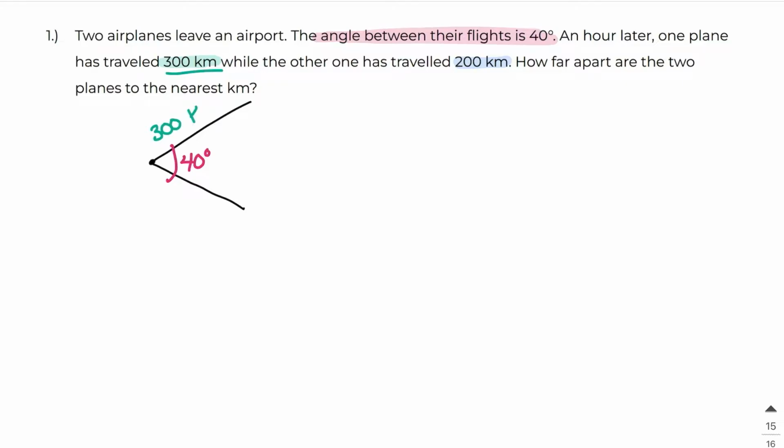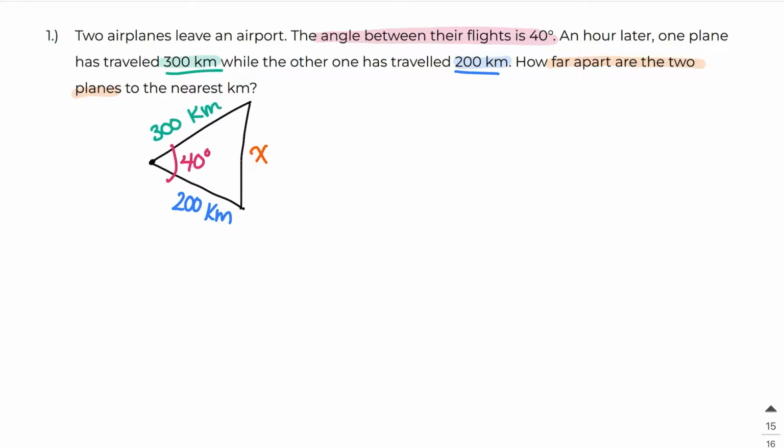So this right here will be 300 kilometers. And then the other one has traveled 200 kilometers. So I'll put this as 200 kilometers. And it asks us to find out how far apart are the 2 planes to the nearest kilometer. So we want to find out this distance right here. So we will call this x.